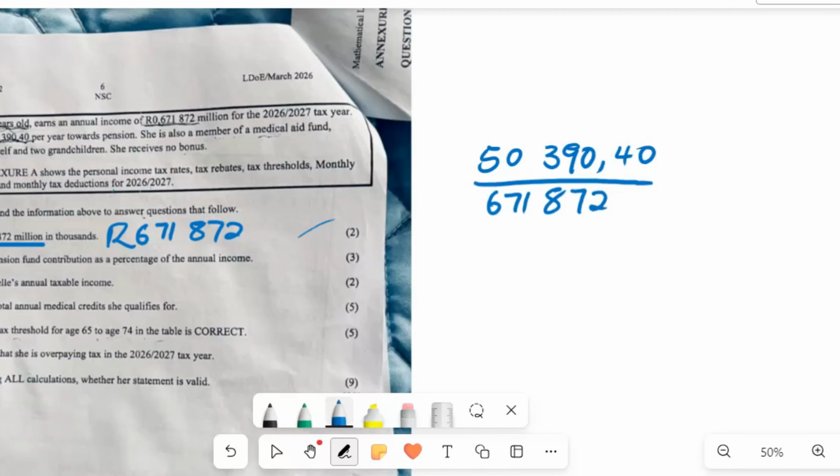671,872. Then since we want a percentage, we're going to multiply this by 100. And how much are we getting here? 50,390.40 divided by 671,872 multiplied by 100.